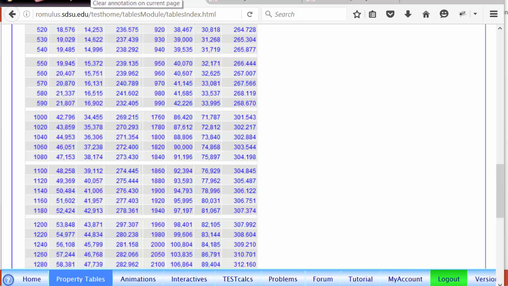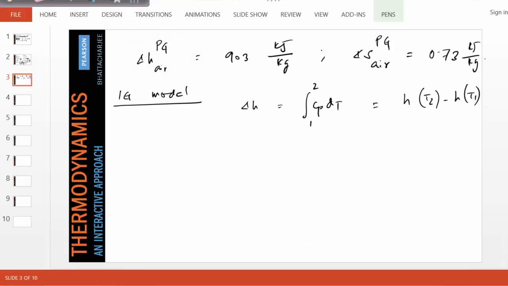Okay, so let's go back. So delta H turns out to be H at T2 minus 9431, divided by 44, which turns out to be 1009.